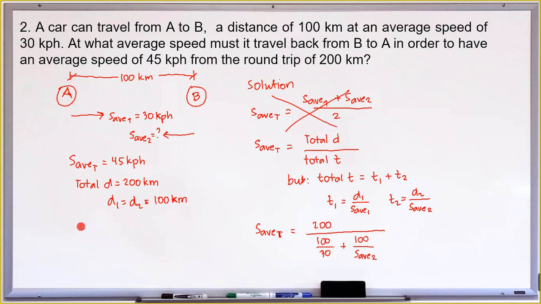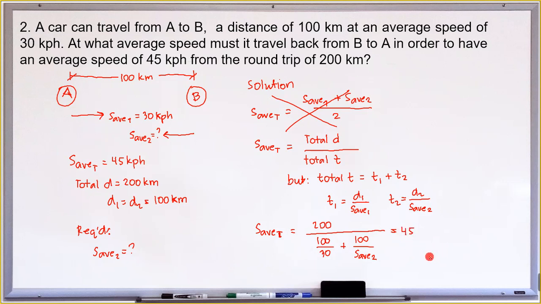Okay? So required S average 2. So this one, again, this is equal to the total average speed, that is 45 kilometers per hour.